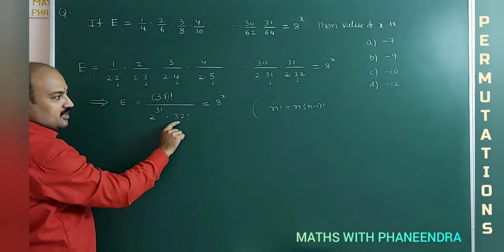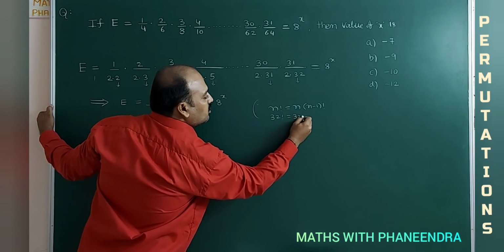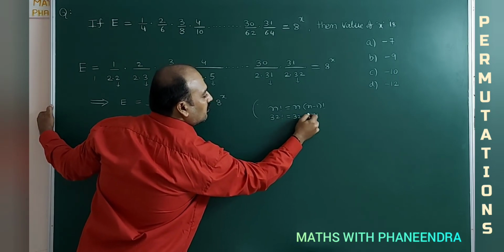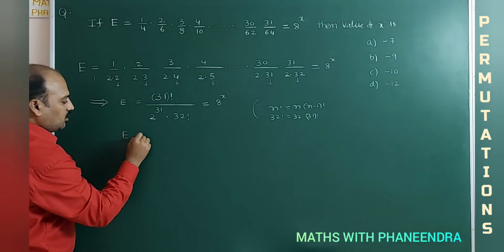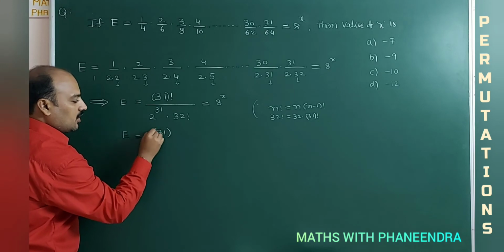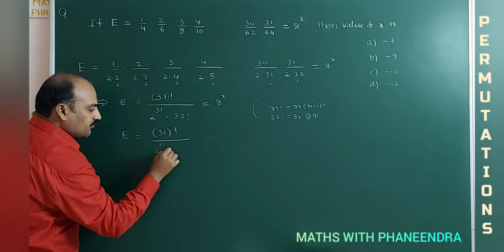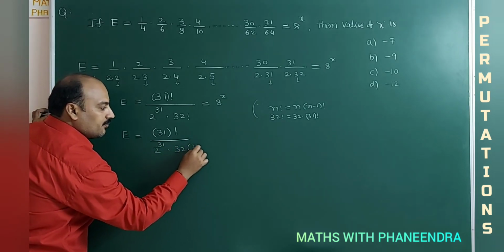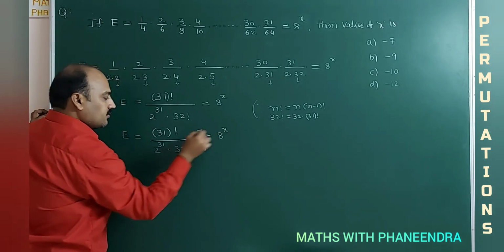So 32 factorial can be written as 32 × 31 factorial. So E is equal to 31 factorial by 2 power 31 × 32 × 31 factorial, equal to 8 power x.